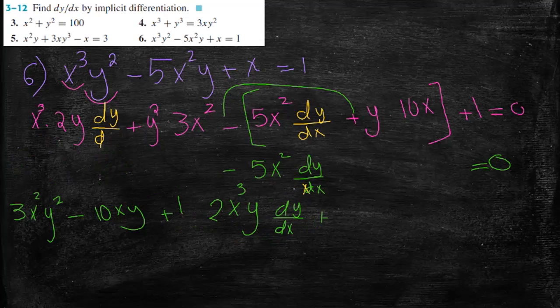Teacher, I have a question. Why does it equal 0, not 1? Because the derivative of 1 is 0. You have to find the derivative of both sides. Okay.